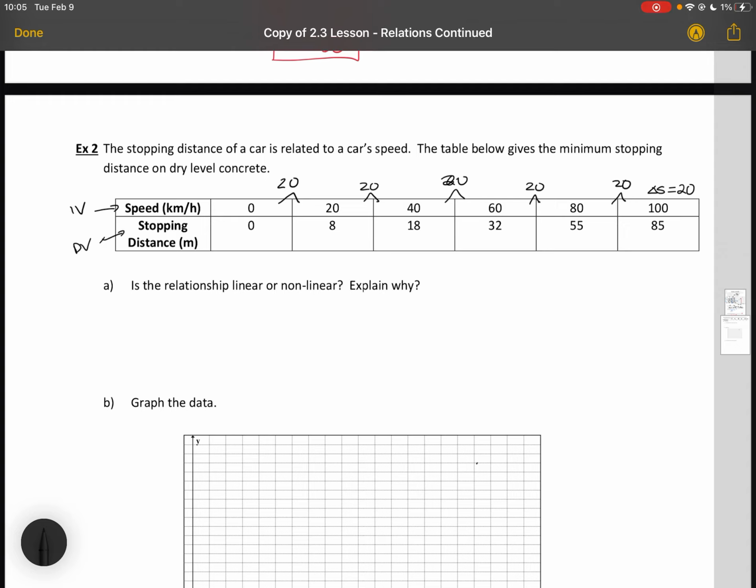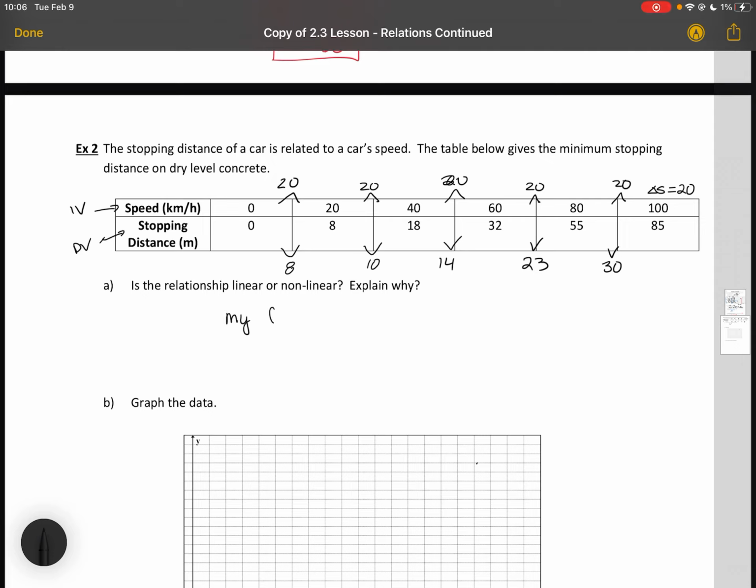Now I'm going to check my stopping distance. So this is my dependent variable. So between my first two, I've got a difference of 8. Between my second two, I've got a difference of 10. Between these two, I've got a difference of 14. Between these two, I've got a difference of 23. And finally, I've got a difference of 30 between the last two.